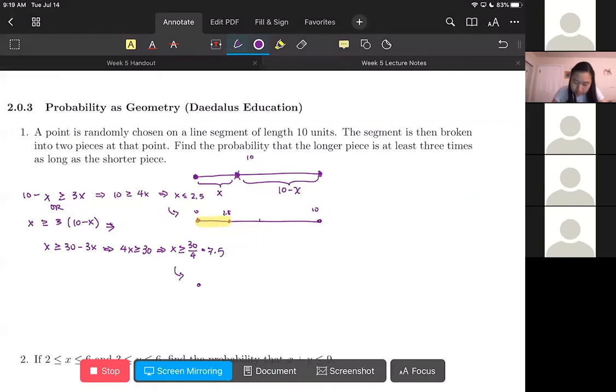So this is the case where this is 7.5. I pick something in this region. And again, you can also see when you draw it out that if I pick some point here, then the longer segment is going to be more than 3 times the shorter segment.